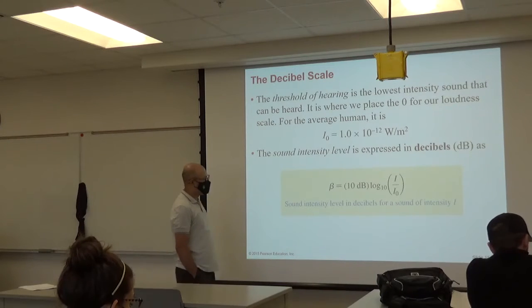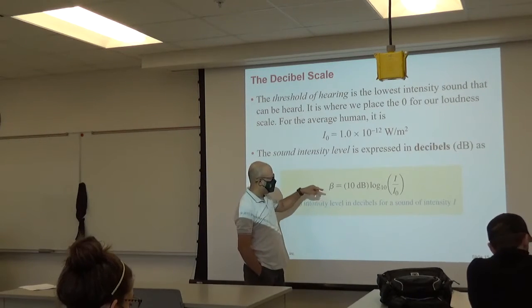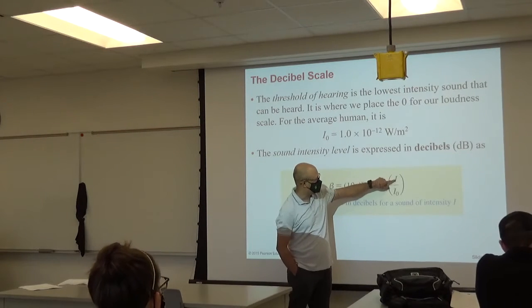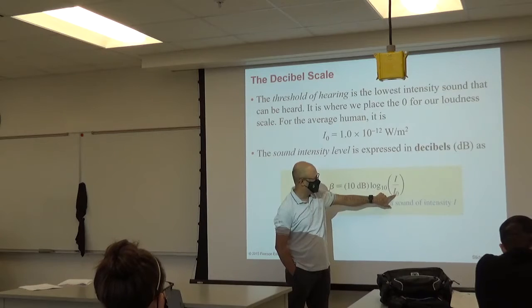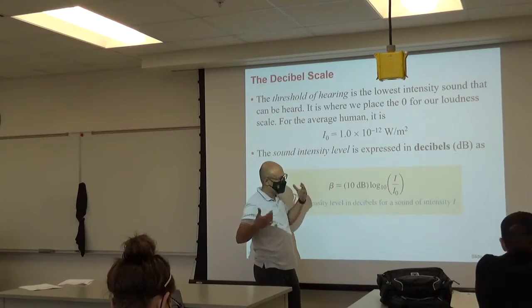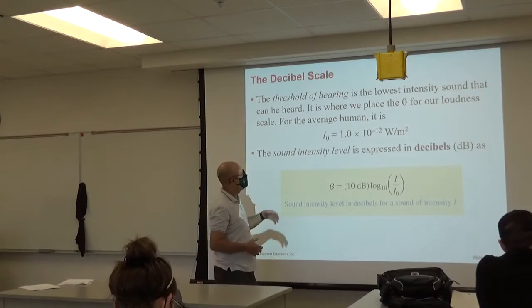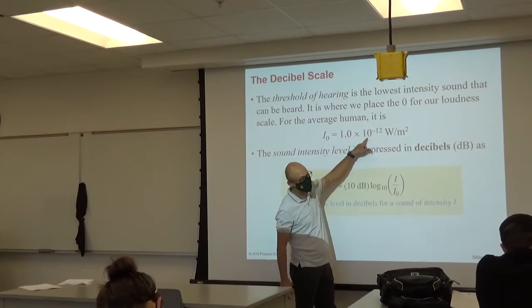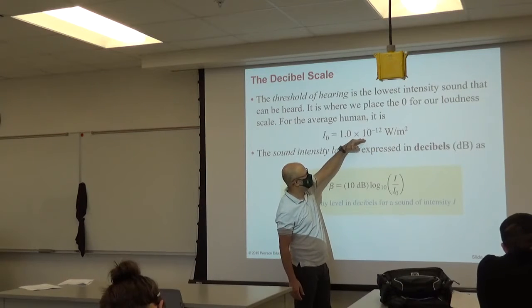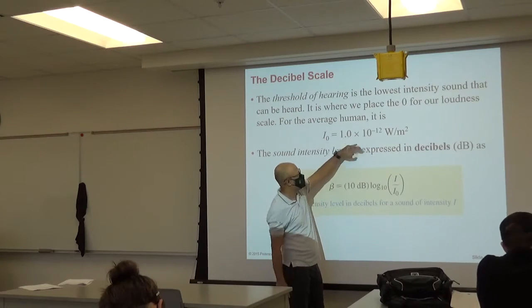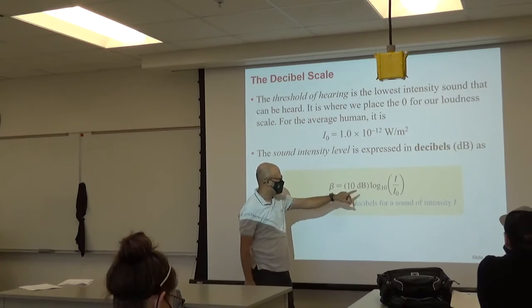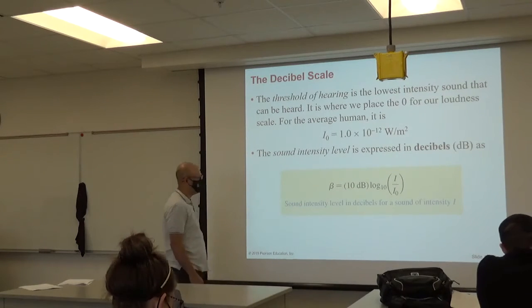And in order to get the sound intensity level, we take the ratio of intensity to the threshold of hearing. This has a fixed value. Okay, generally all human beings have that as the threshold of hearing. If we go below that, we cannot hear the sound. So that's the threshold. Okay, and then we multiply that by 10 decibel.